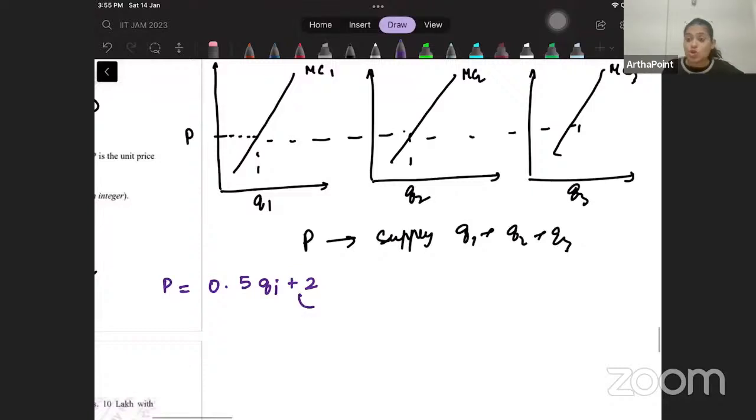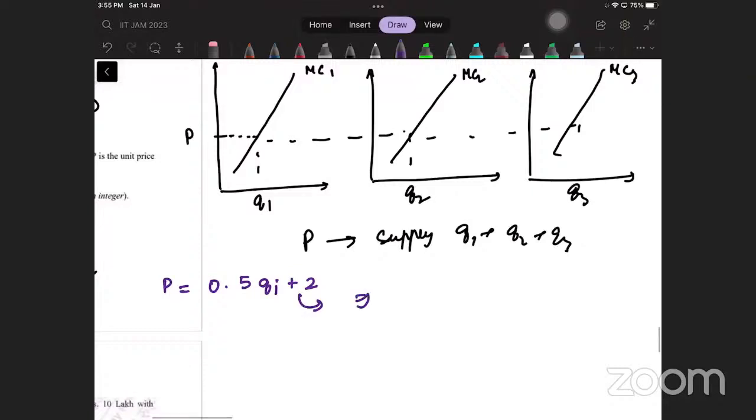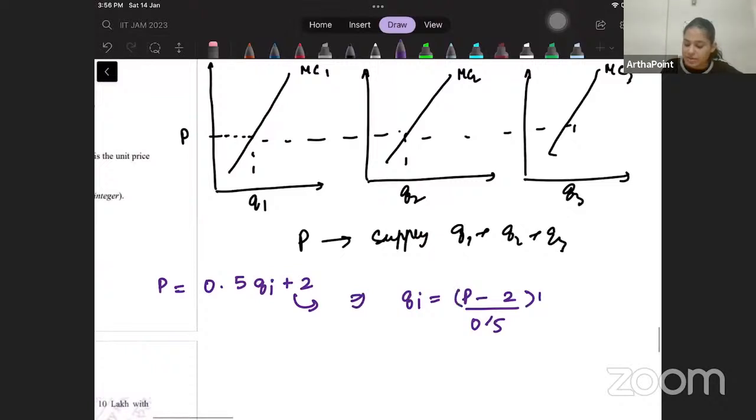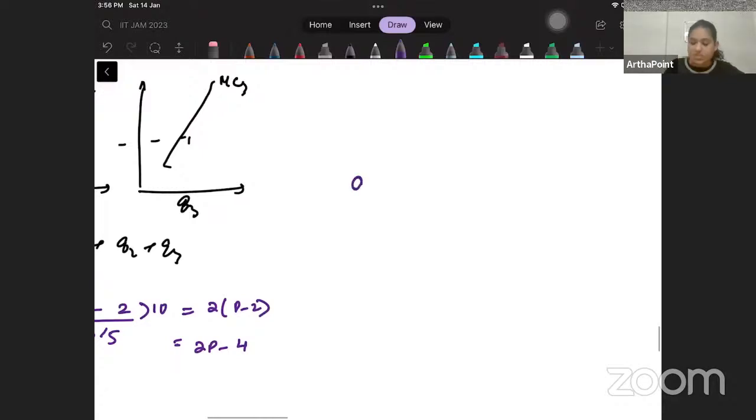If I solve for Qi from here, what will I get? I will get Qi is equal to (P minus 2) by 0.5. So this will be 10 by 5, so 2 into (P minus 2). So I will get Qi is equal to 2P minus 4.